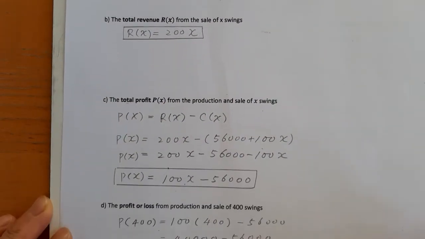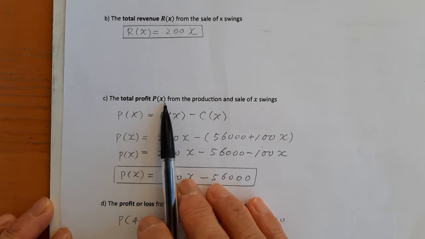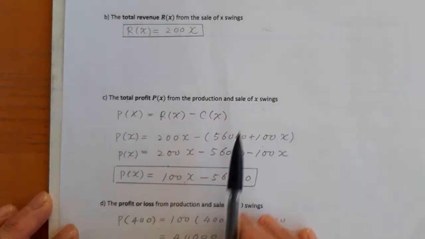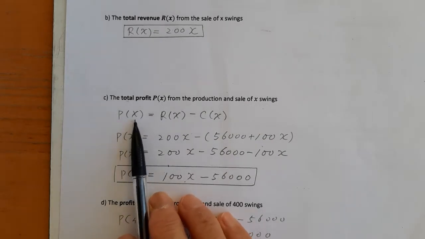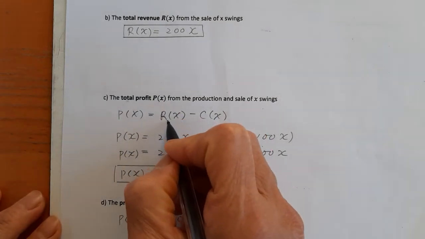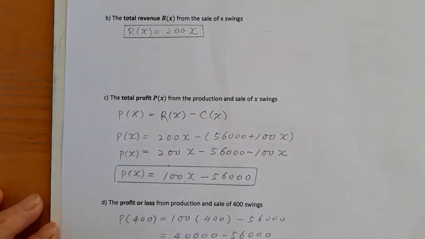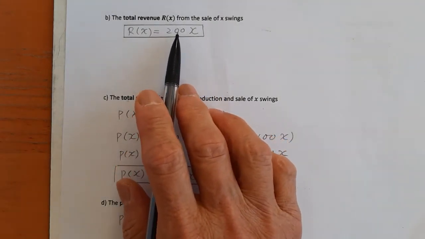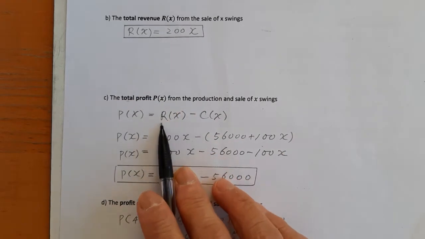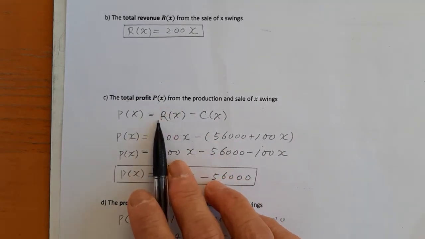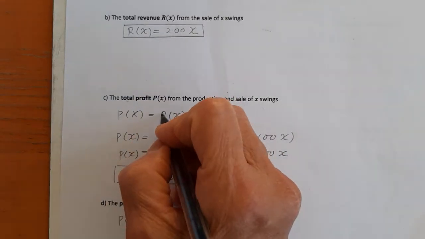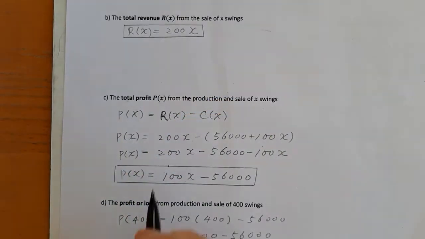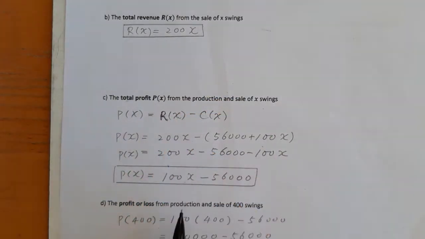And the total profit P of x for the production and sale of x swings is the revenue function minus the cost function. Revenue is the money you take in after you sell x swings, R of x.